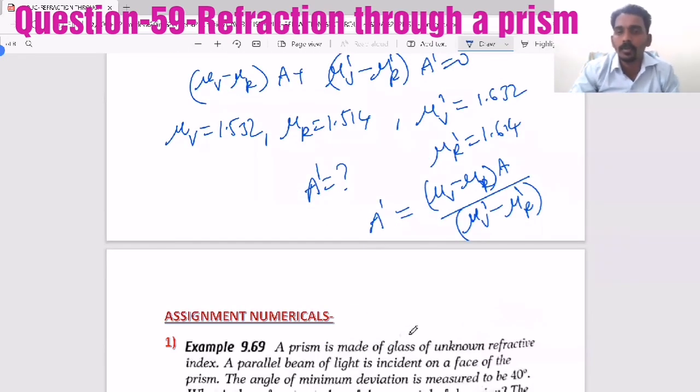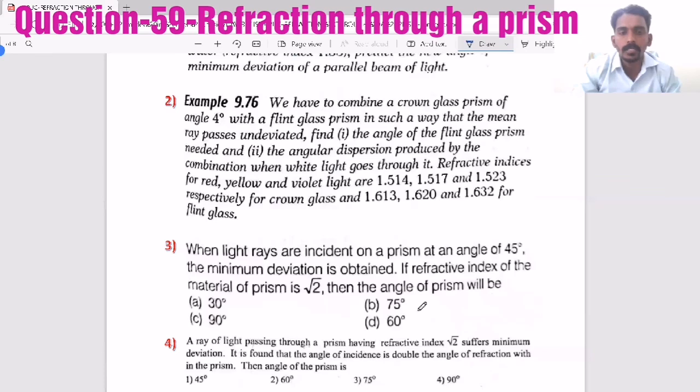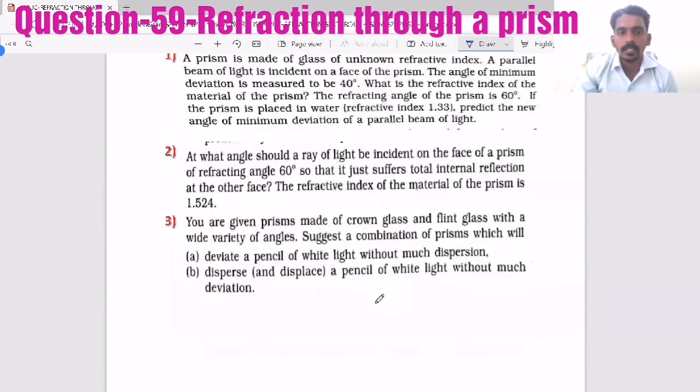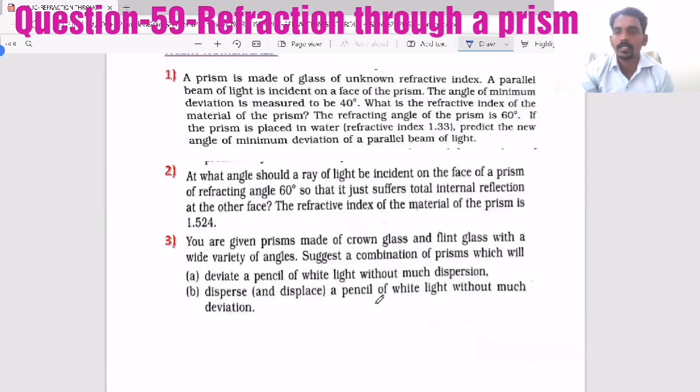So you have to understand the question carefully, then only can you solve it. Similar kinds of questions are given as examples, so please try to solve them. Then you will get the idea of how to do questions related to prisms. In NCERT also there are 3 questions, so please try to understand and solve them.